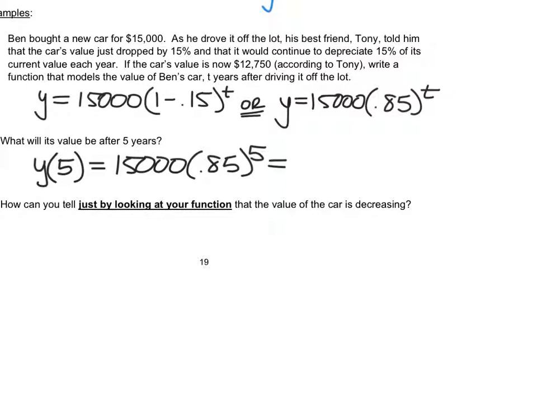Now we're talking about dollars and cents here, so I'd probably want to go out to 2 decimal places. So this car is worth $6,655. And, well, as it turns out, actually it would be 58 cents, not 60 cents like the table would make us believe.